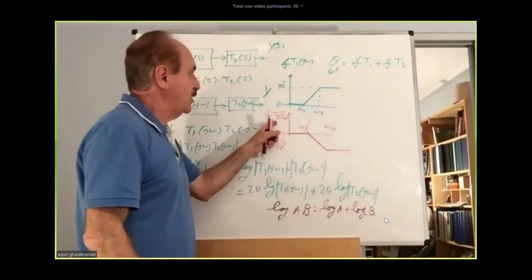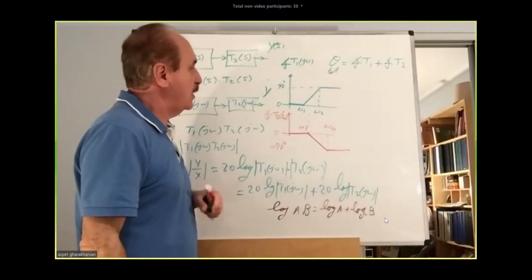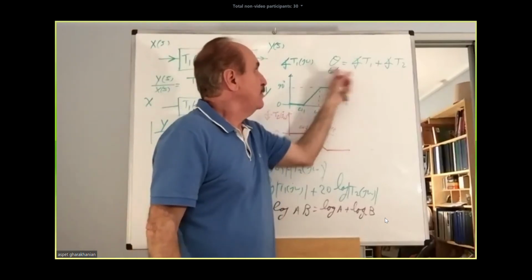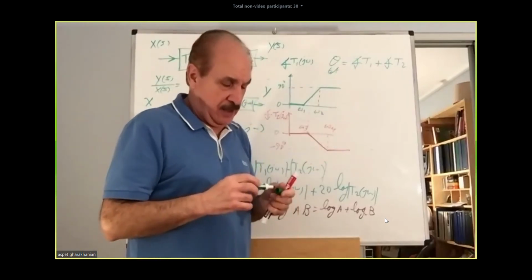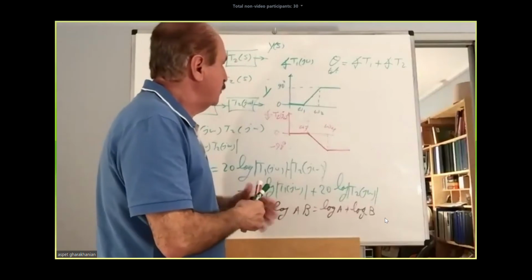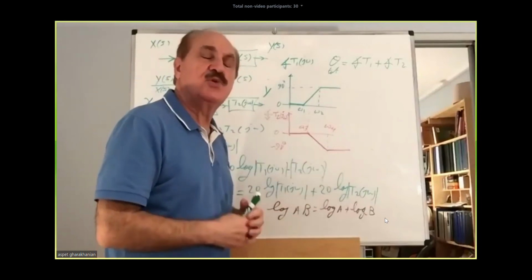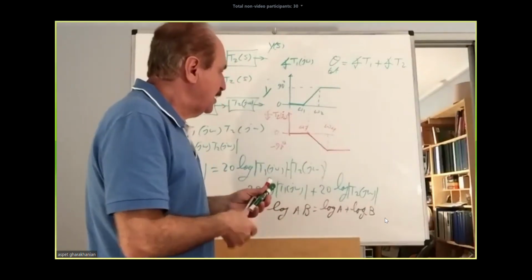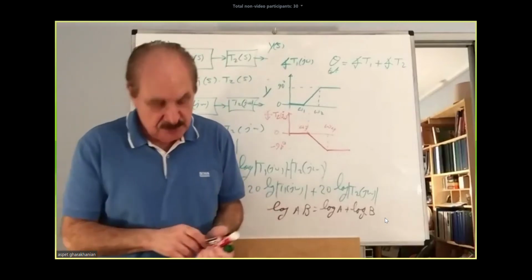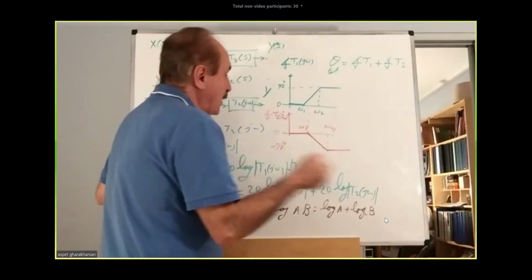So this is the angle of T2, that's the angle of T1. You need to add them, and this would be the overall angle. So you have to basically add these two curves together. Again, just a little practice will help you to do that.